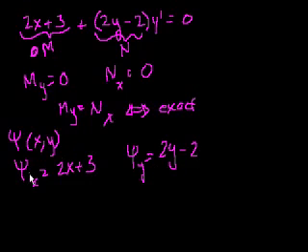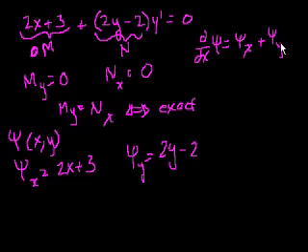And if we can find our psi, we know that this is just the derivative of psi. Because the derivative with respect to x of psi is equal to the partial of psi with respect to x plus the partial of psi with respect to y times y prime. So this is just the same form as that.